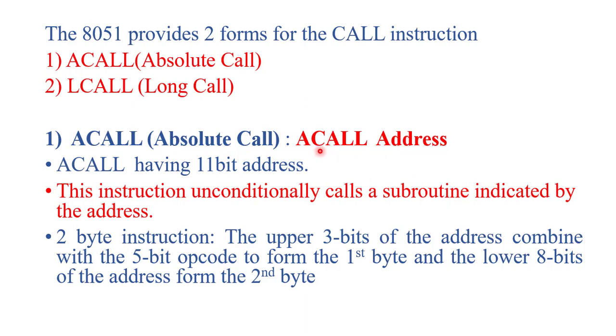Absolute call has an 11-bit address. This instruction unconditionally calls a subroutine indicated by the address. The length of the instruction is 2 bytes because the address is 11 bits and the remaining 5 bits are opcode. So the total is a 2-byte instruction.